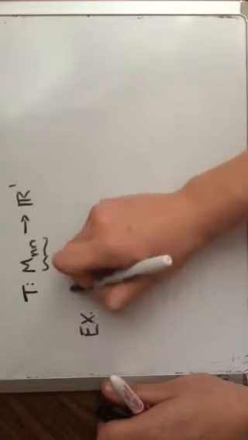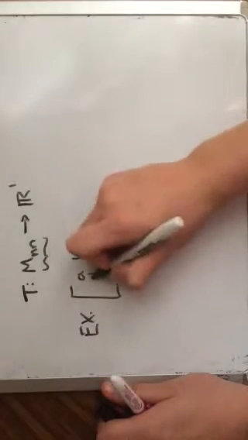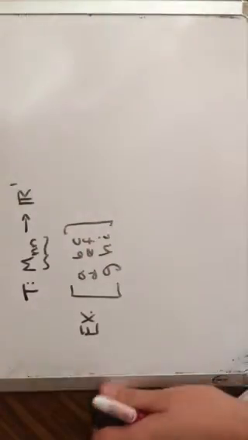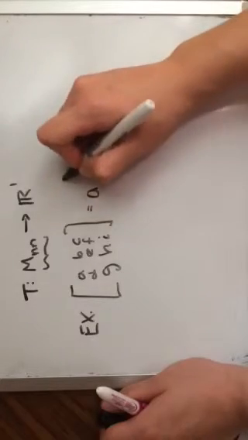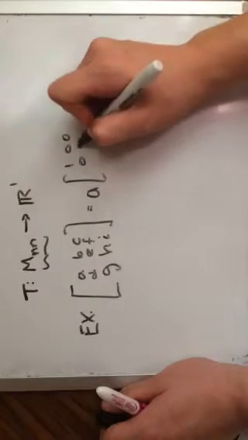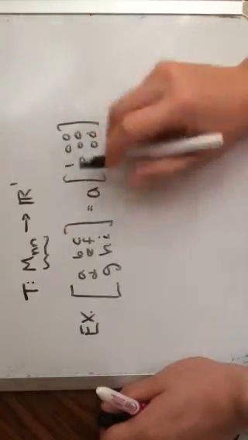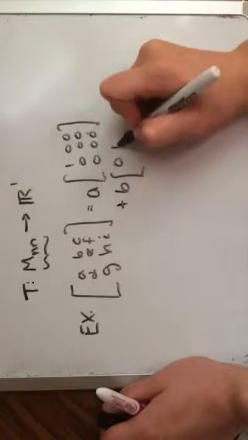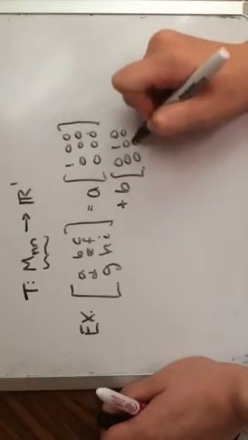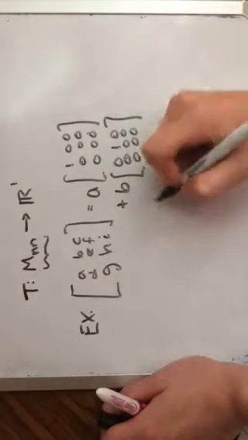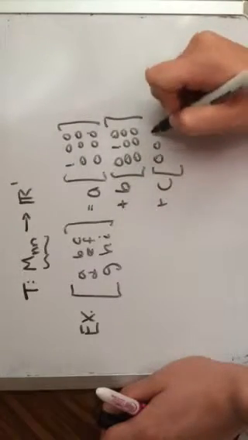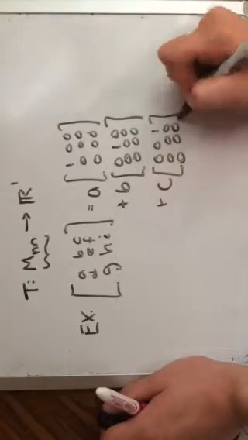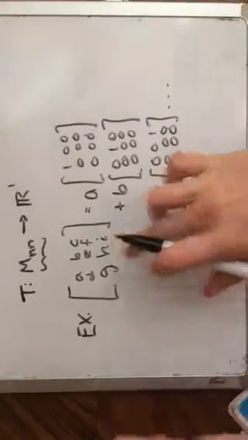If we have a matrix A, B, C, D, E, F, G, H, I, and we rewrite it like we did before, we will have A times the matrix with a 1 in the upper left corner, plus B times the matrix with a 1 in the first row, second column, plus C times the matrix with the 1 in the first row, third column, and so on until we've gotten to I.